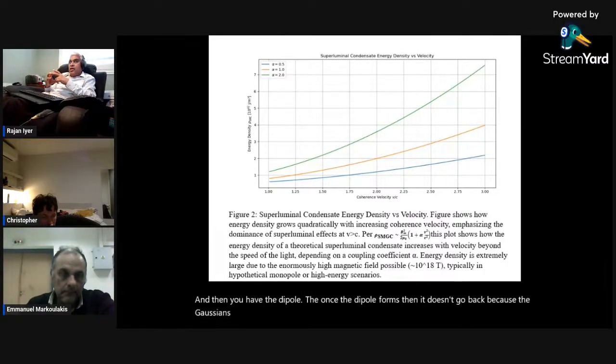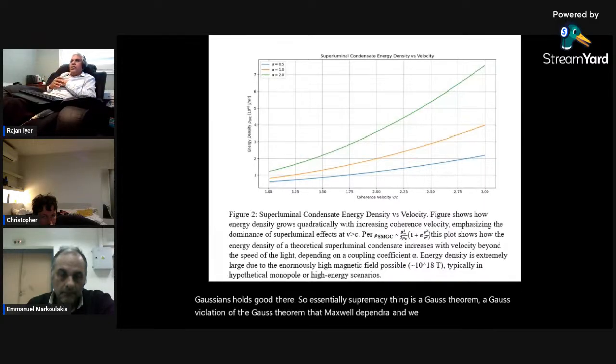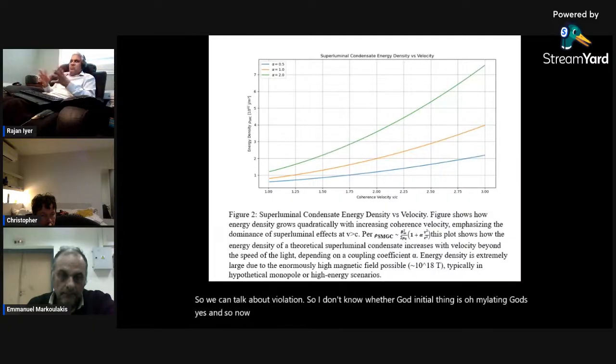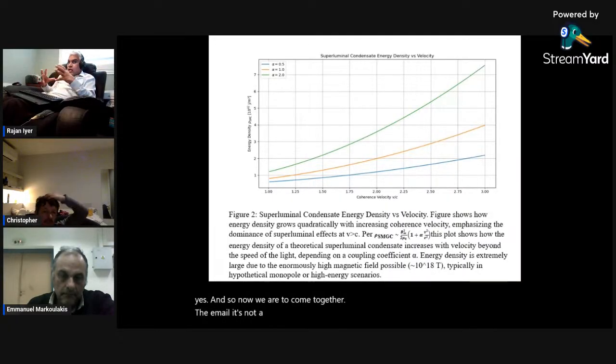So essentially, the superluminal thing is a violation of the Gauss theorem that Maxwell depended on. And we know now that violations can occur, like Bell's theorem and everything. So we can talk about violations. I don't know whether God's initial thought was, oh, I'm violating Gauss's theorem, so now we have to come together. It's not a joke, but that was quite possible.